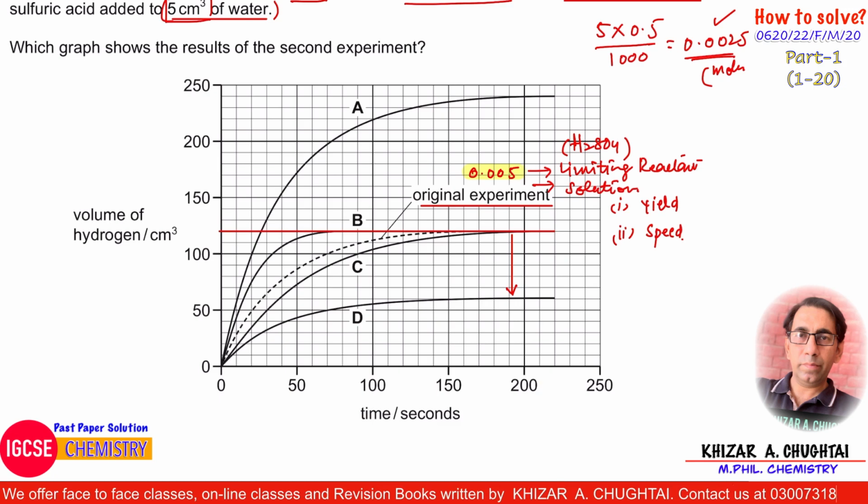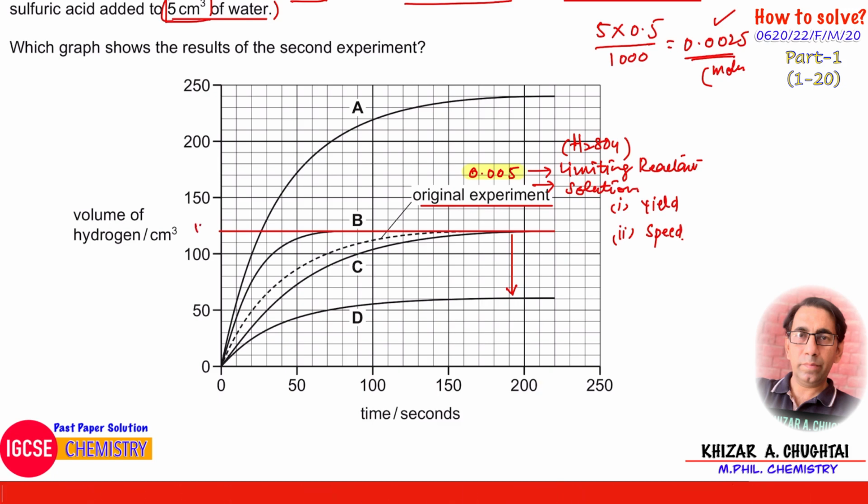That is equal to, you can say, 120 volume of the hydrogen being formed. As you are using half the moles of sulfuric acid in this case, the new yield will be equal to this one, that is 60. So half yield will be there, and so on. So D is the correct option.